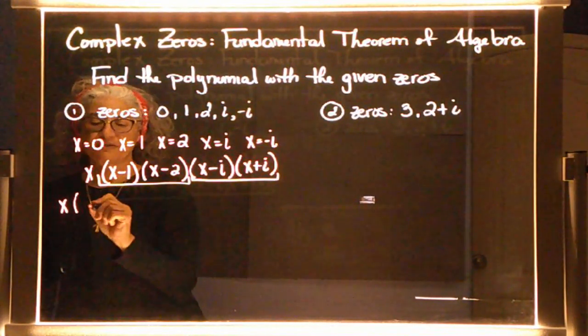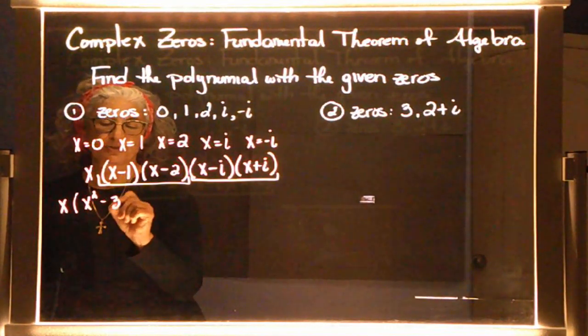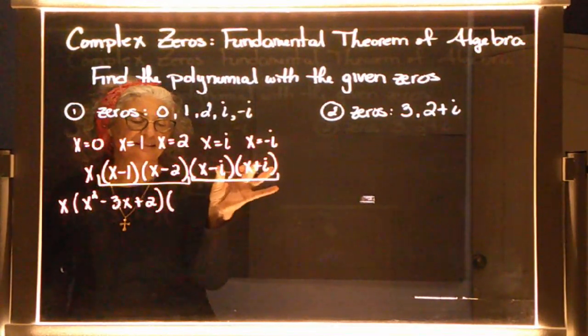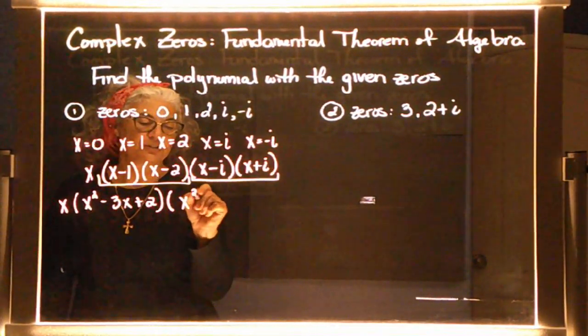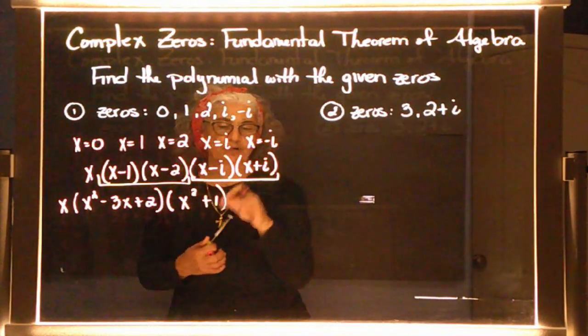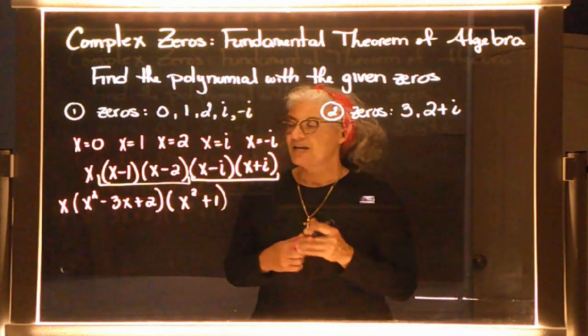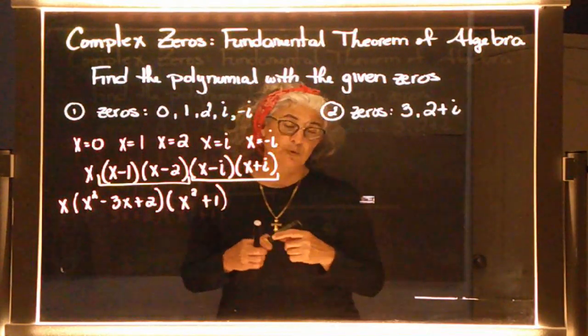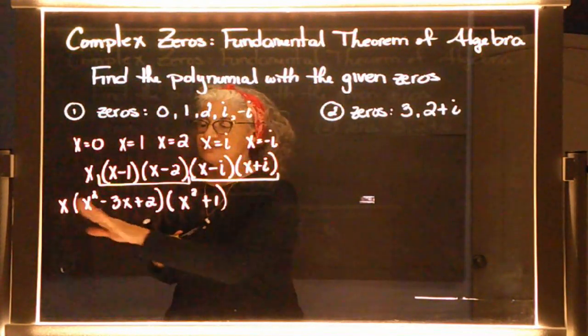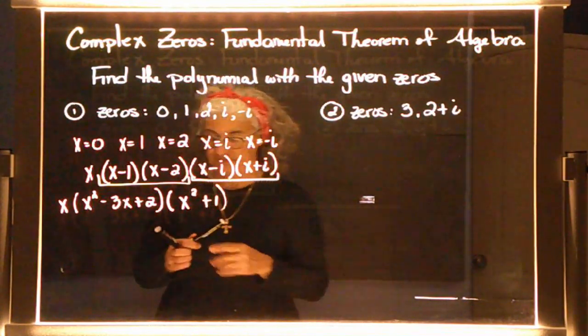So when I multiply the first 2 together, hopefully you agree with me. And when I multiply these last 2 together, hopefully you agree with this result. So take some time, work it out, make sure you agree. And then I'm going to multiply even more. And I shall multiply the 2 parentheses together. This x at the end, it can wait.